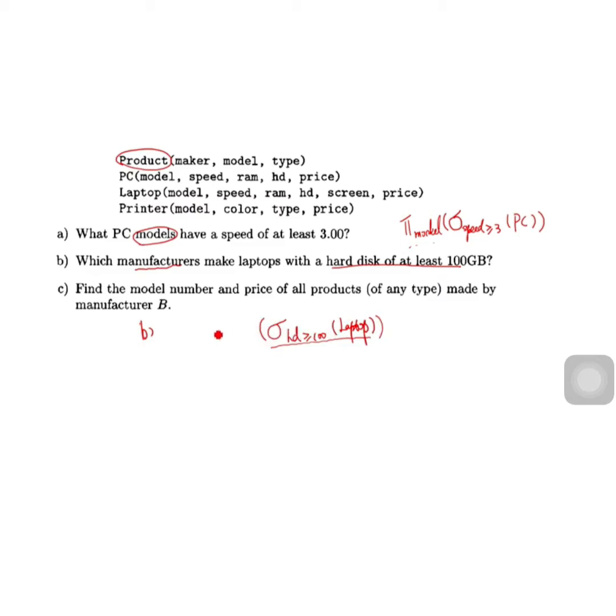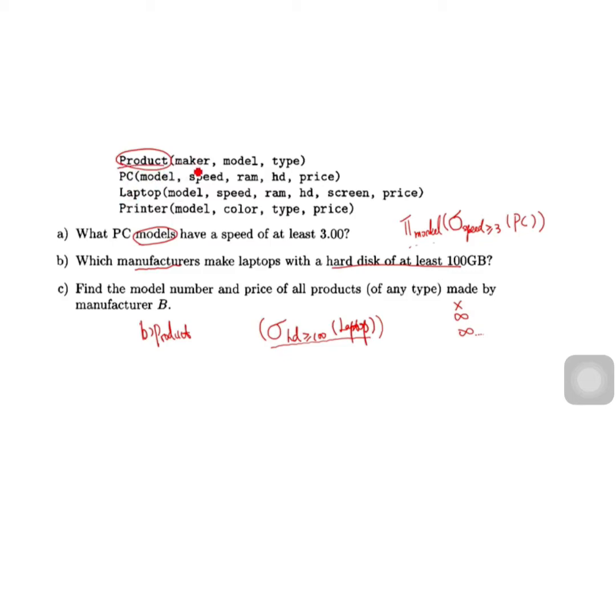There are three ways to join two relations: cross join, natural join, or theta join. Which one do we use here?